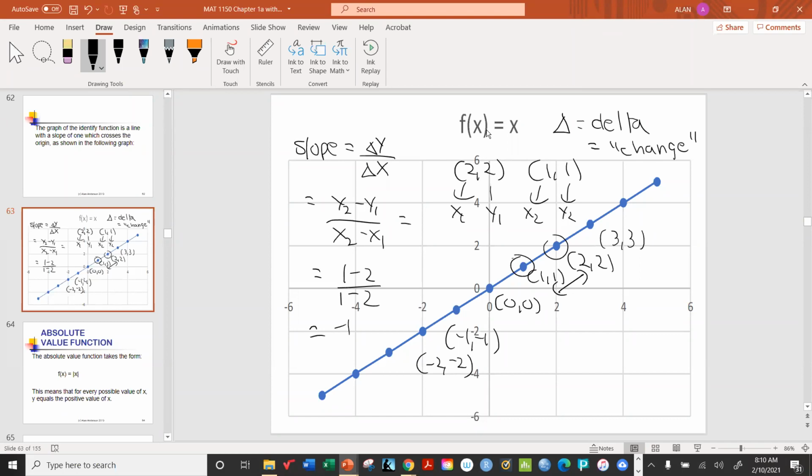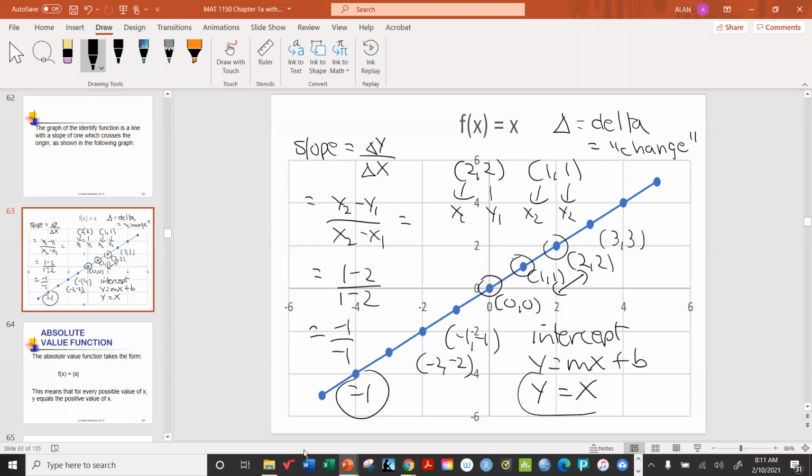So I end up with minus 1 over minus 1, which is simply equal to 1. The intercept is 0. So basically, this is also a special case of the straight line formula, except that the slope is 1 and the intercept is 0, so we just end up with y equals x.